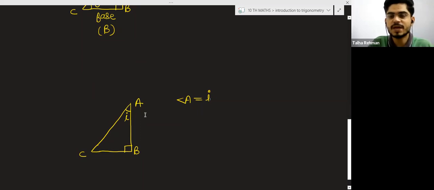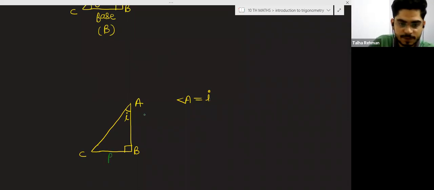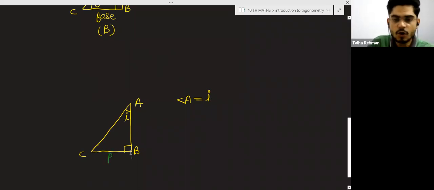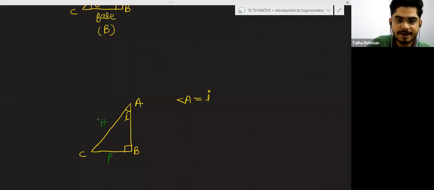Means opposite to the angle, the side is perpendicular. Always remember that opposite to the 90-degree angle, the side is the hypotenuse, and the remaining side is the base.